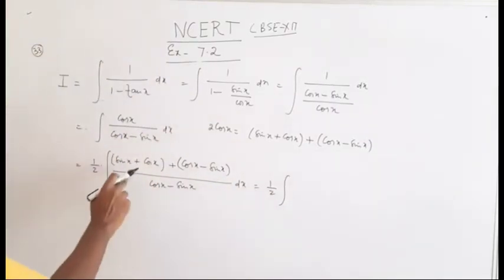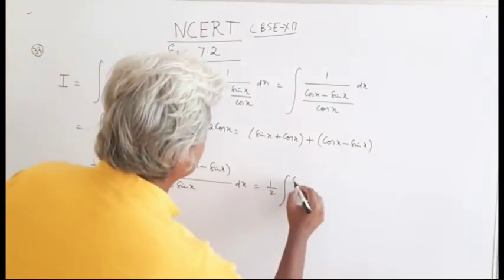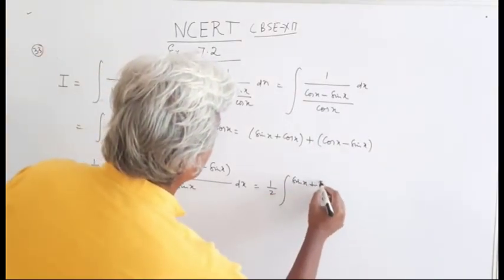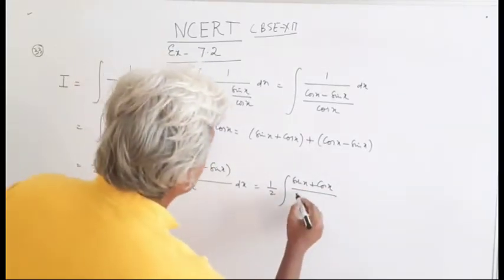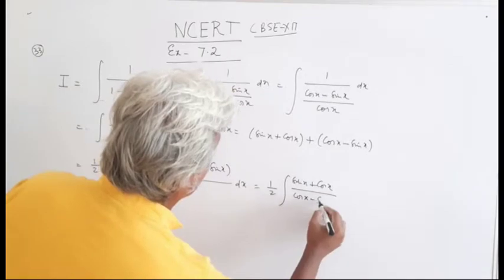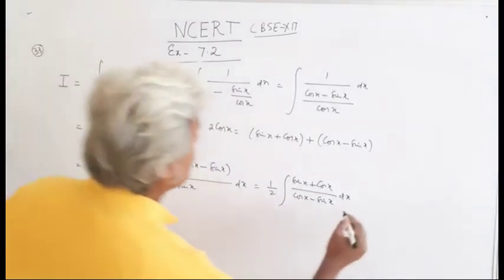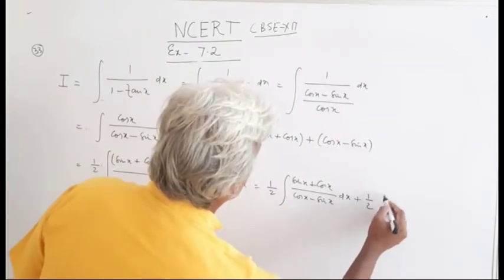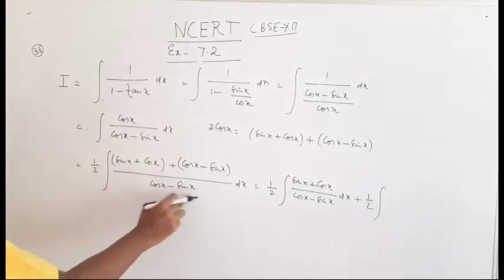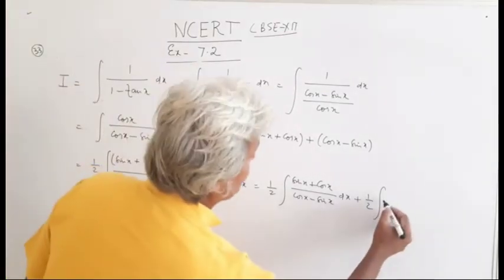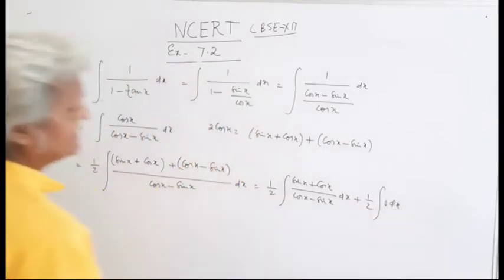One is this upon this, that is sin x plus cos x over cos x minus sin x dx, plus the second integration is also half times cos x minus sin x over cos x minus sin x. So I can just write it as 1 because the two cancel each other.